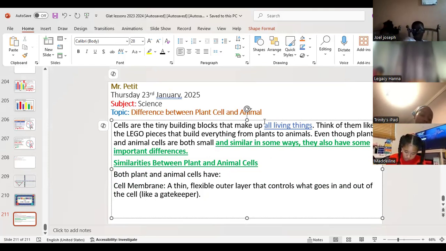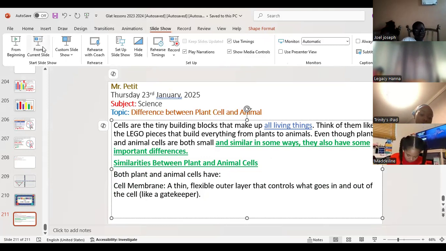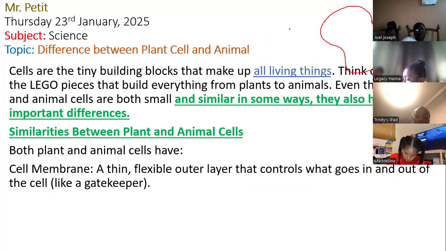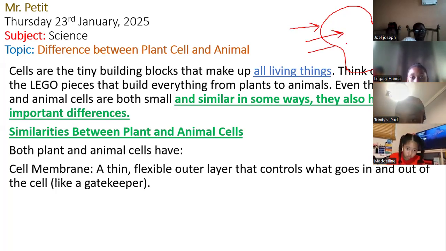So if you think about the gate that you have at home, the reason why you have a gate is because the gate surrounds your property, right? So if you look at the cell, the thing I have in red, that's what we call the cell membrane. Now the cell membrane selects what goes into the cell and what stays out.